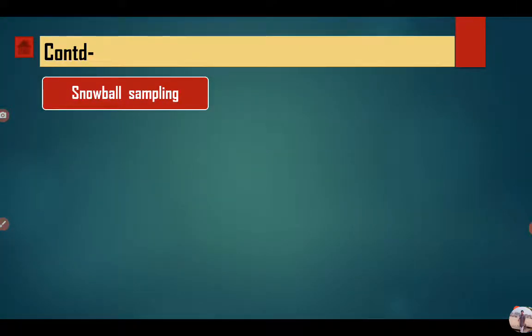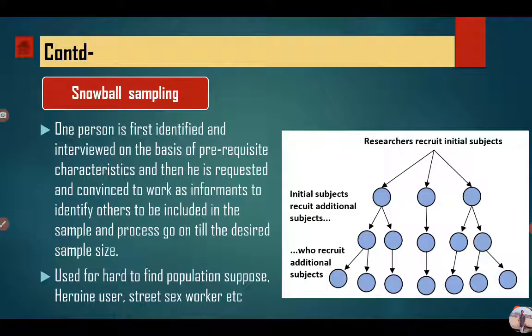Snowball sampling technique. In snowball sampling, the researcher recruits the initial subjects, and then requests and convinces them to work as informants to identify others to be included in the sample, and this process goes on until the desired sample size is reached.